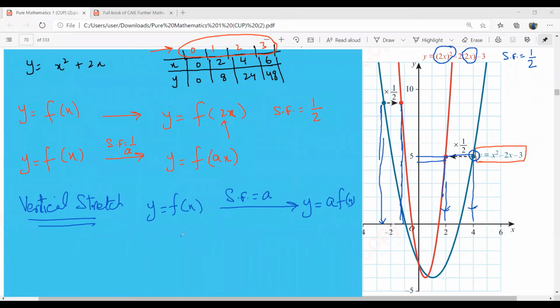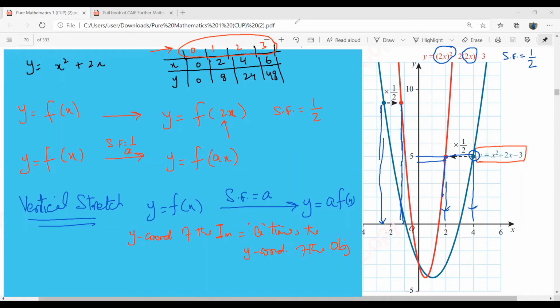So you can note it down that the y coordinate of the image, let me write this capital I, is a times the y coordinate of the object. Object, as you have studied in your O level transformations, is the one that is being transformed, and image is the one that is being obtained after that transformation.